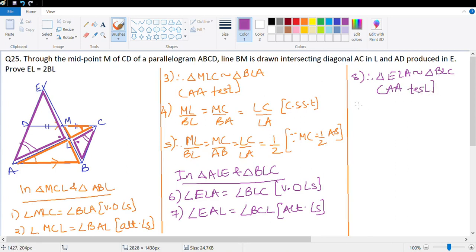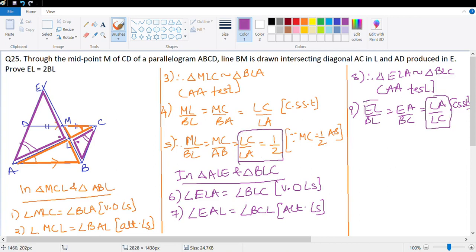What this gives us is point number 9, EL upon BL is equal to EA upon BC is equal to LA upon LC. This is CSSD. We have LC upon LA here and we have LA upon LC here and we have EL upon BL.